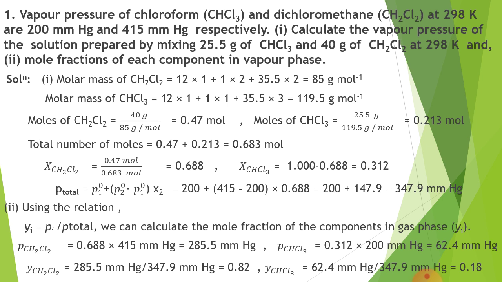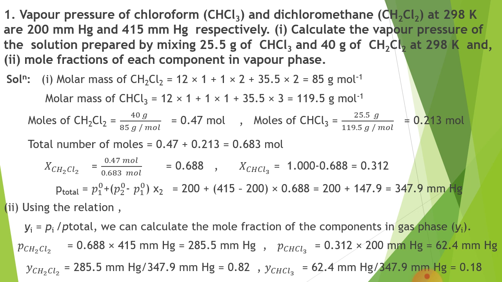These are basically the vapor pressures of pure chloroform and pure dichloromethane. Now calculate the vapor pressure of the solution prepared by mixing 25.5 gram of chloroform and 40 gram of CH2Cl2 at 298 Kelvin. Here the masses of the two components are given, and you also have to find the mole fraction of each component in the vapor phase, that is Y1 and Y2.